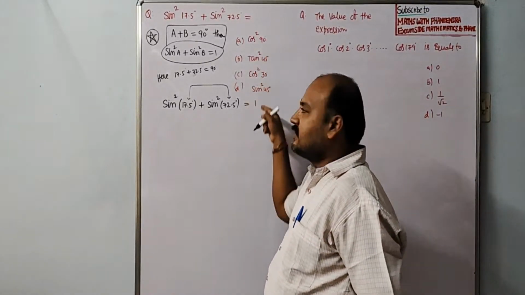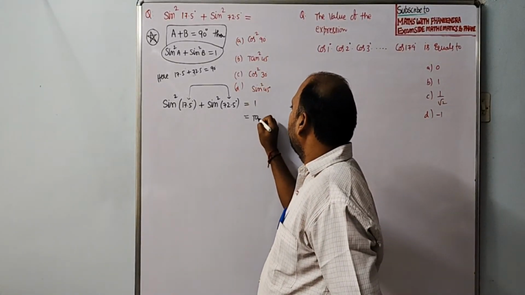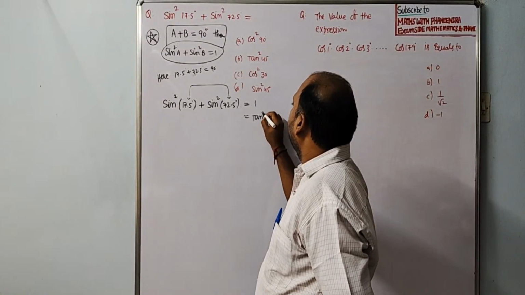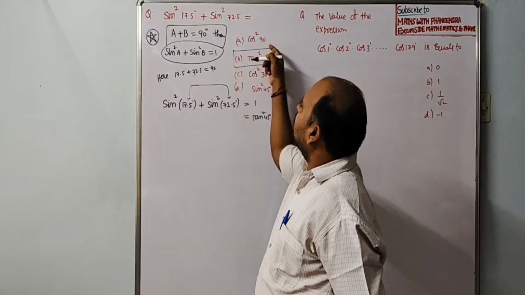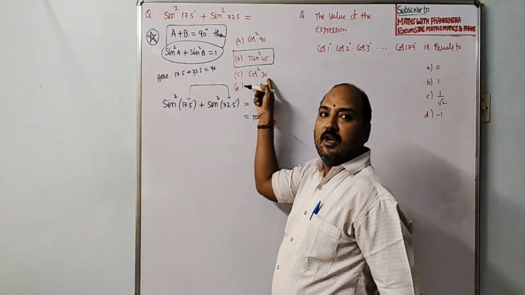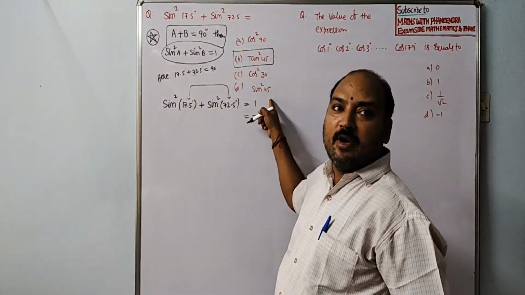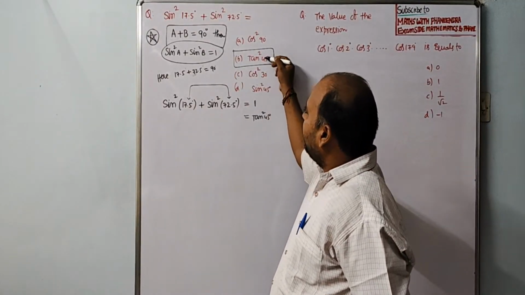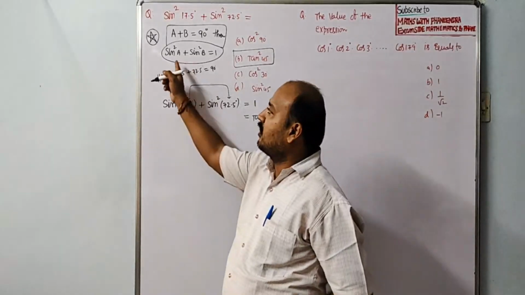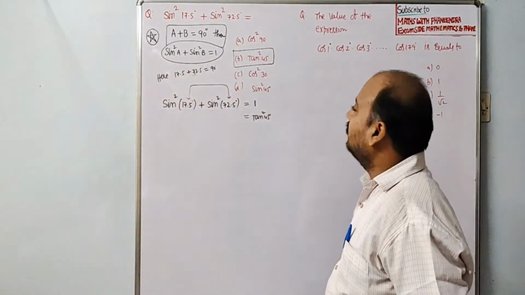But indirectly it is given. 1 can be written as tan square 45 here. Why? Because cos 90 is 0, cos 30 is root 3 by 2, and sin 45 is 1 by root 2. 1 by root 2 whole square is 1 by 2. So it is equal to 1. It is there indirectly. This is the shortcut formula you need to remember.